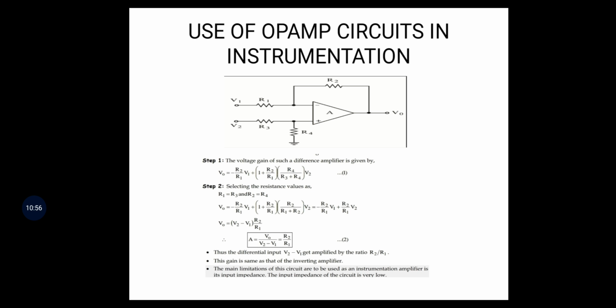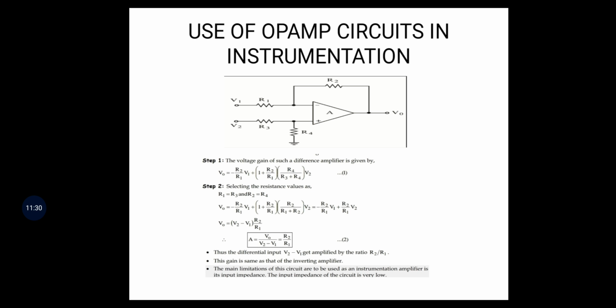When V2 is absent, R3, R4 carry no current, so the voltage is zero, which means the positive terminal is grounded. Due to the virtual short, the negative terminal is also grounded. Then applying simple nodal analysis, we get minus R2 by R1 into V1.